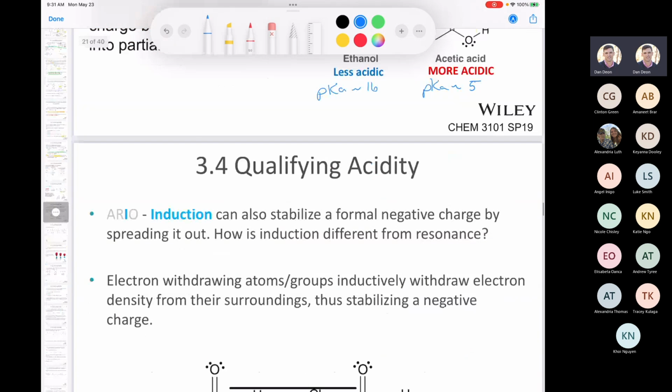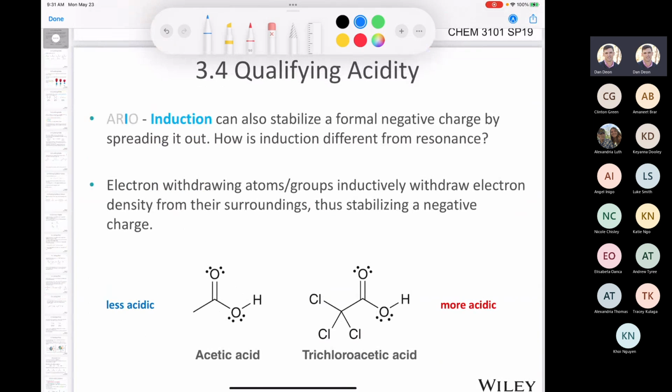Well, what if you can't use atom or resonance? For example, what if you wanted to compare this carboxylic acid with this carboxylic acid? You can't use atom because the proton is on an oxygen atom in both cases. You can't use resonance because you could draw two resonance structures for both of the conjugate bases of acetic acid and trichloroacetic acid. So what do we use? We use induction.